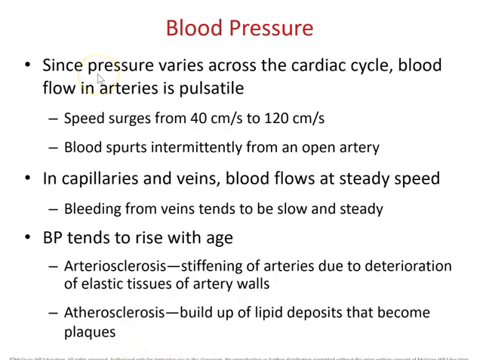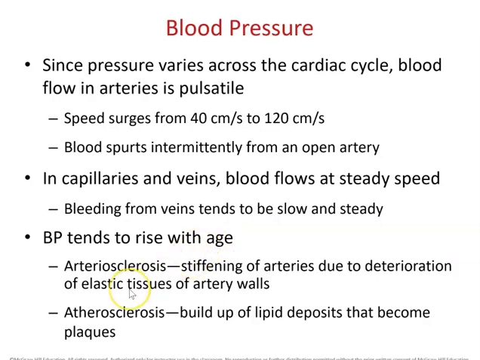Since blood pressure varies across the cardiac cycle, blood flow in arteries is pulsatile. The speed of blood flow can change from 40 centimeters per second to 100 centimeters per second. In capillaries and veins, blood flows at a steady speed. Blood pressure tends to rise with age.